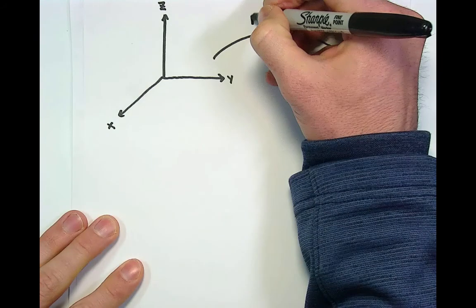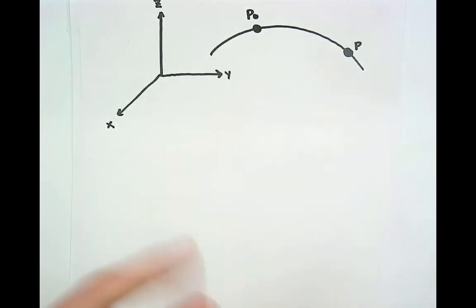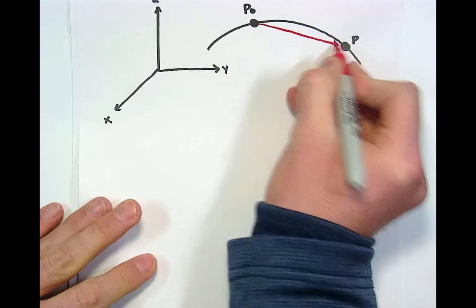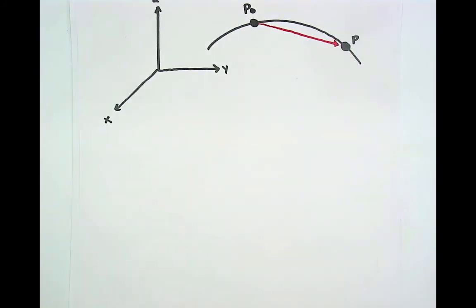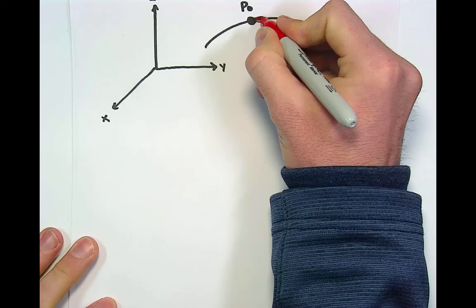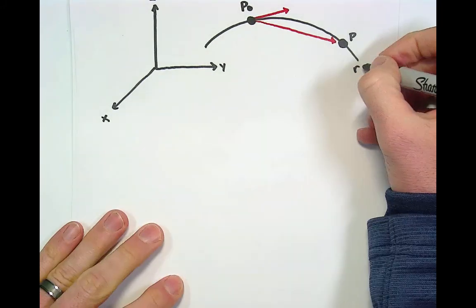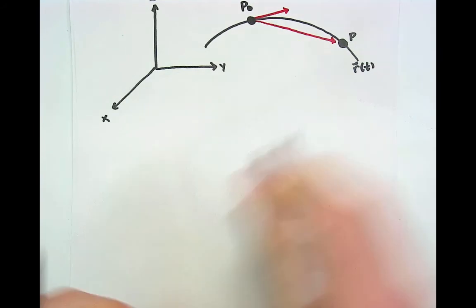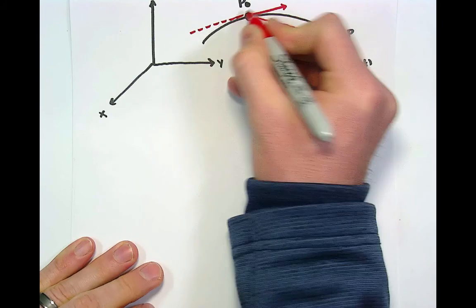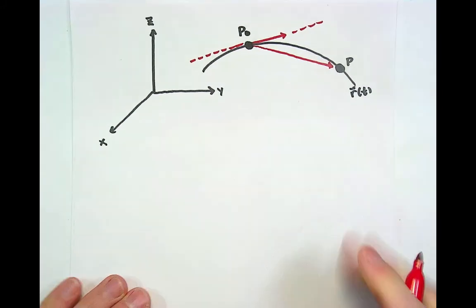So the whole idea here was that we had some point P naught, we had some other point P. We looked at the direction of a secant line, which we defined to be the direction of the vector that connected those two. And then we took a limiting process and we constructed, so if this is the graph of r of t, we could look at this vector valued equation for the tangent line to this graph.